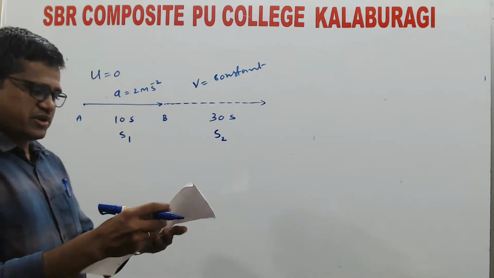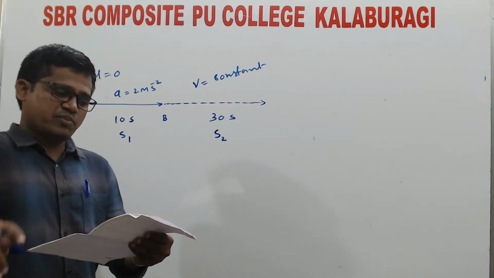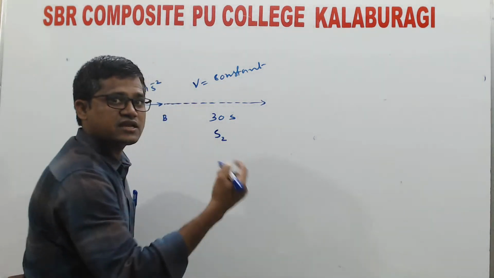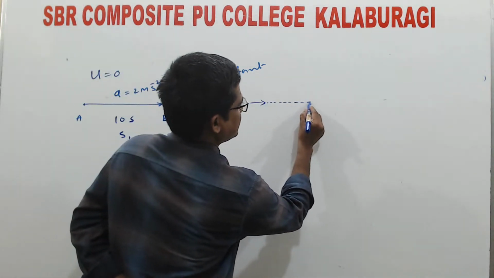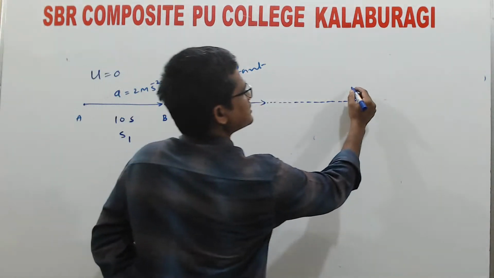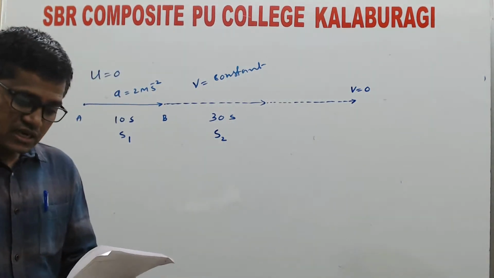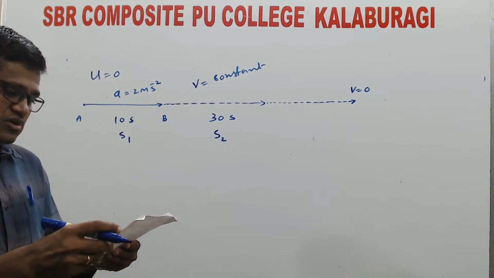Next, what is happening here? And then it decelerates at 4 meter per second square till it stops. From here, decelerates means its speed decreases. From here, it decelerates. Finally, it comes to rest. Then, during this deceleration, how much distance will it cover?